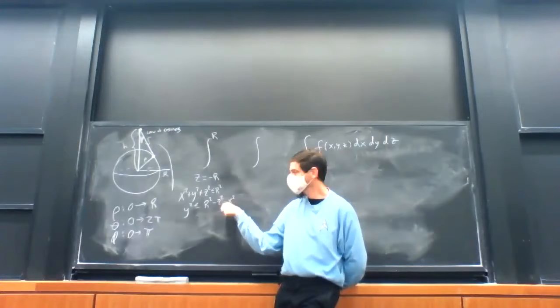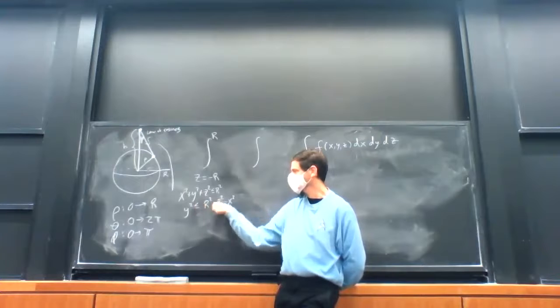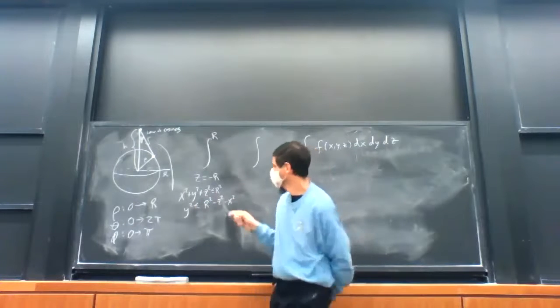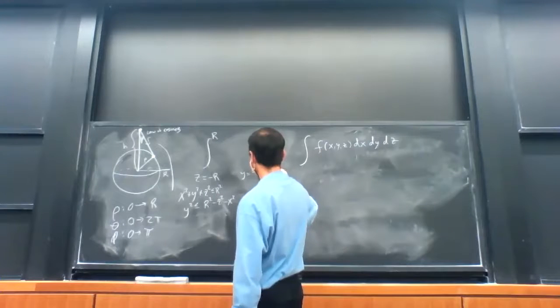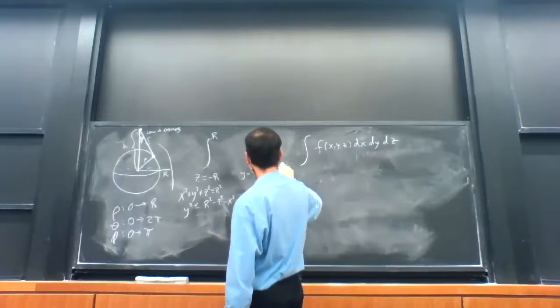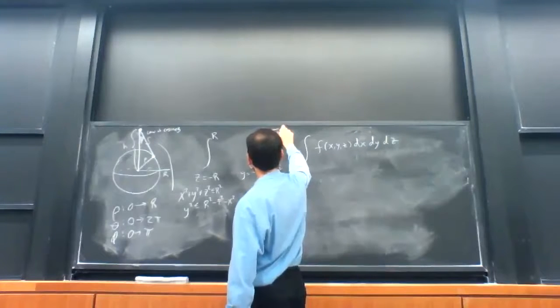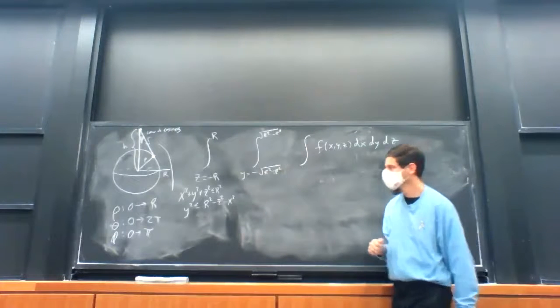0. If I wanted to make y as small as possible, I would take the equality, and I would still take x equals 0, and I would take the negative square root. So I get y goes from negative square root of r squared minus z squared to square root of r squared minus z squared. Why did we make that 0?